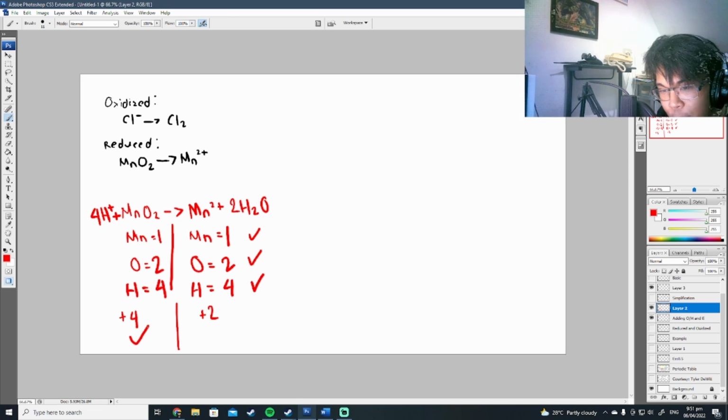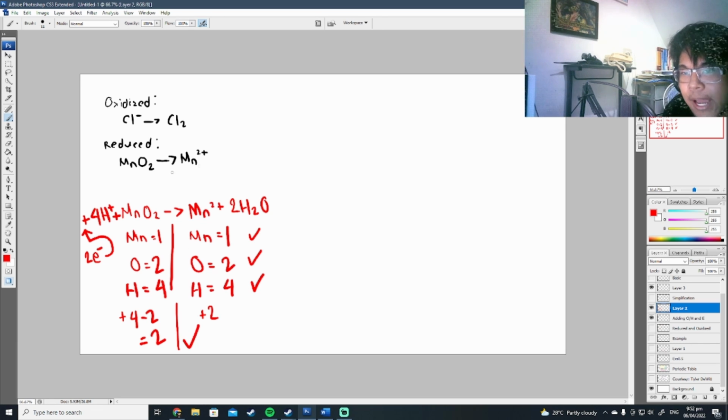In this case, positive 4 is higher than positive 2, so we add electrons on this side. What we add is only 2e-, on the left of 4H+. I'm sorry, I didn't manage to fit it. Since we added an additional 2 electrons, we get 2 equals 2, so now our electrons are balanced.